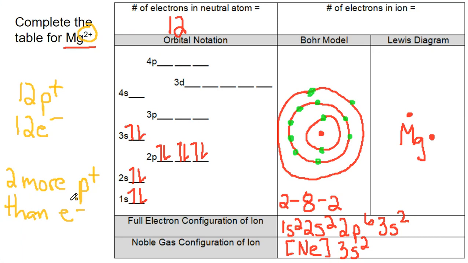So we can't change those, but the number of electrons can change. So there's 2 more positive charges, protons than electrons. So we're stuck with the 12 protons. So we ask ourselves, 12 is 2 bigger than what number? Okay, and 12 is 2 bigger than 10. There must be 10 electrons in the ion. Okay, when the magnesium +2 ion forms, it lost 2 electrons.